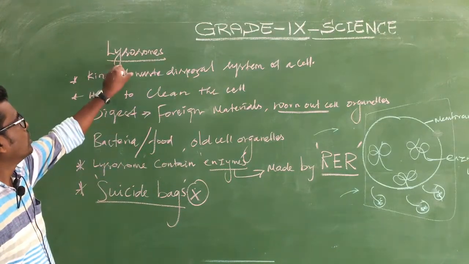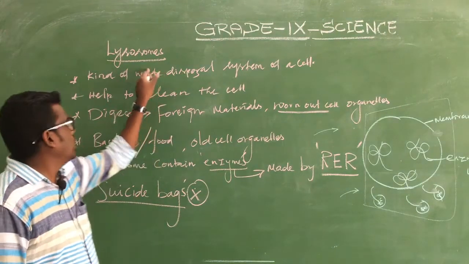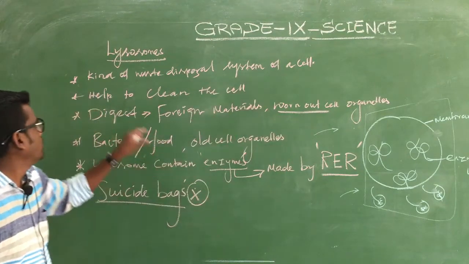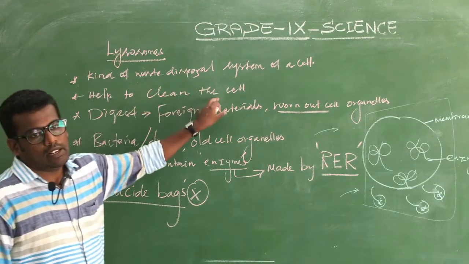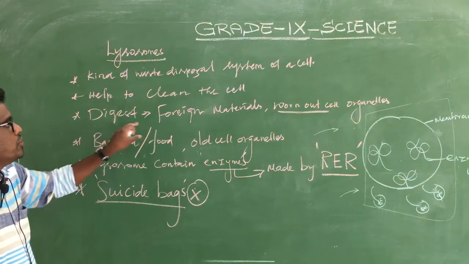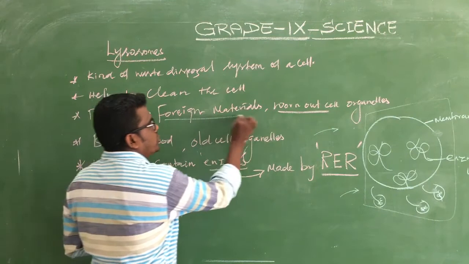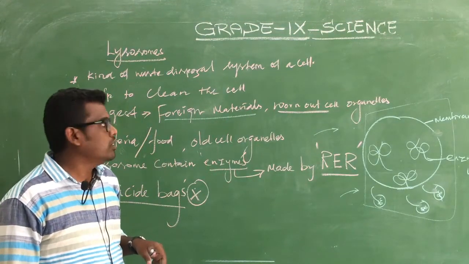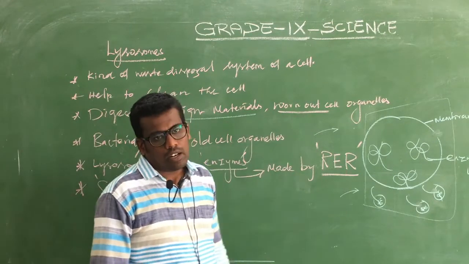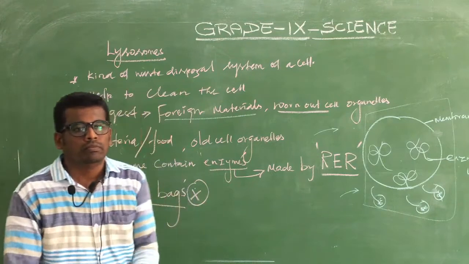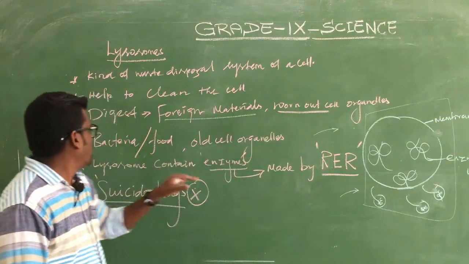Again, the lysosome is one of the cell organelles. It is a kind of waste disposal system of the cell and helps to clean the cell. It disposes the waste and digests the foreign materials which are not related to the cell, and worn out cell organelles, that means damaged ones which are not functioning.